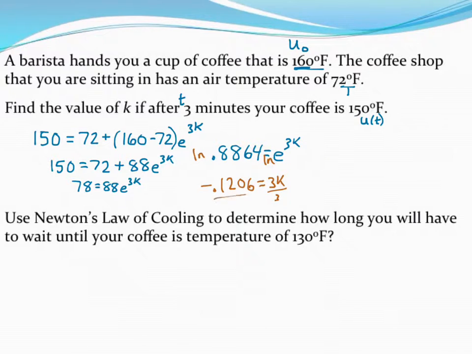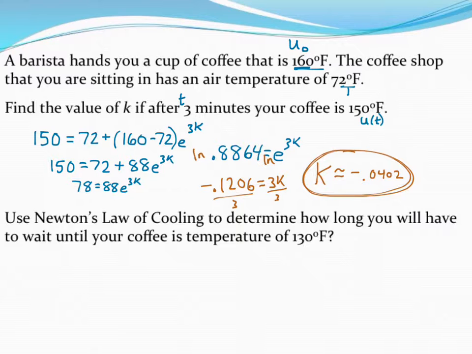So then as this last step, when I divide by 3, I'm being as accurate as I can, and that constant comes out to be about negative 0.0402. And as we said in the beginning of this video, that constant is going to be negative to represent that we're losing heat over time. So there's our constant.